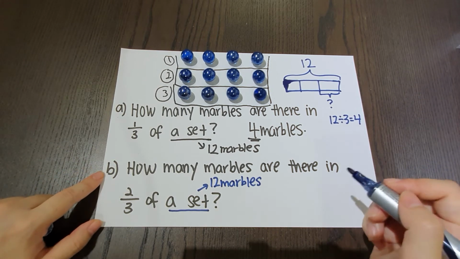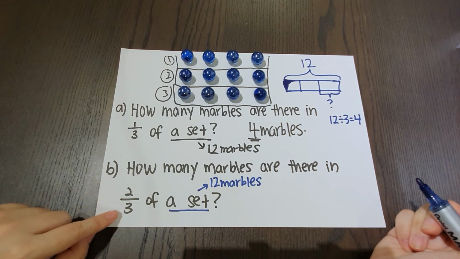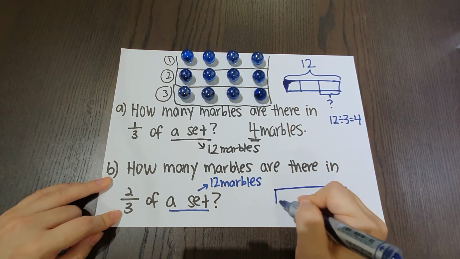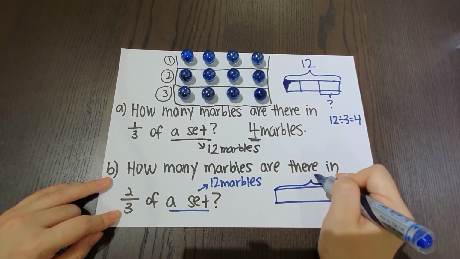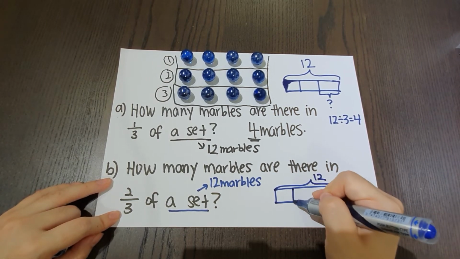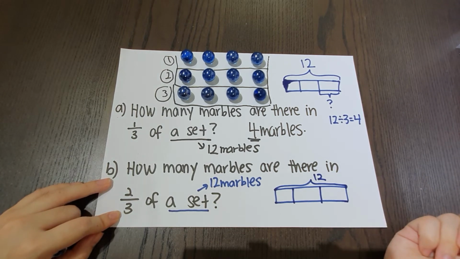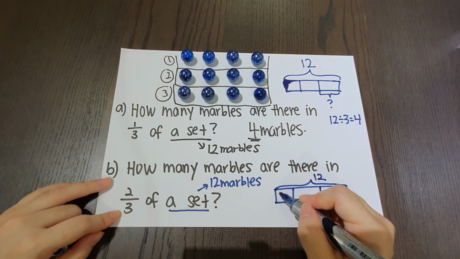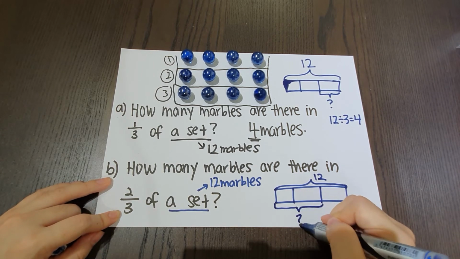So this means that I am still going to cut my model into 3 equal parts, which means this whole bar will represent 12. And I'm going to cut it into 1 part, 2 parts, 3 parts. And in this case, I'm not just interested in 1 unit, but I am interested in 2 units.